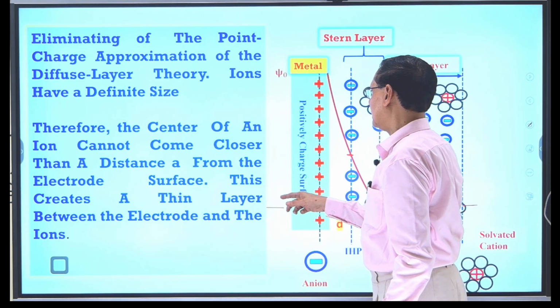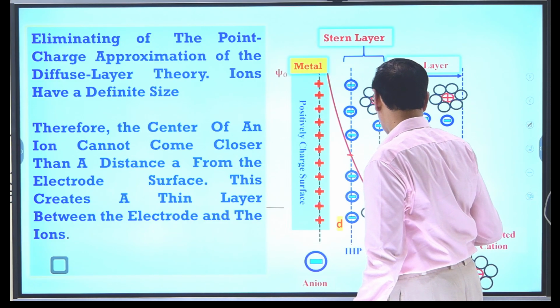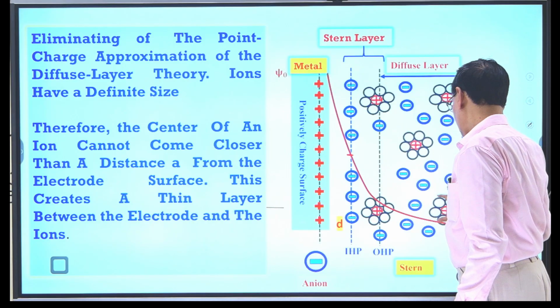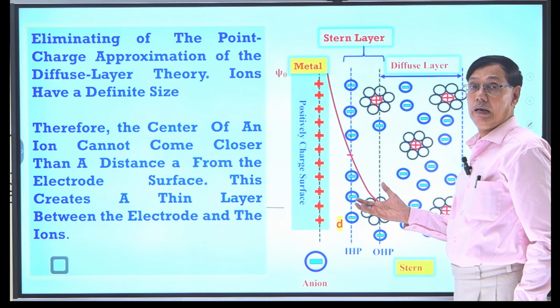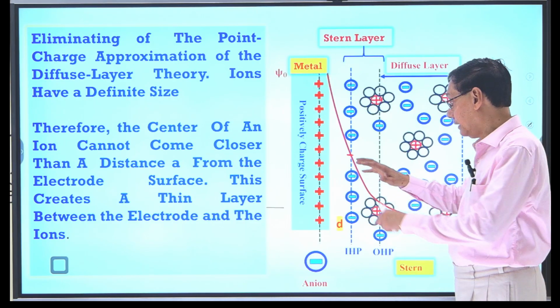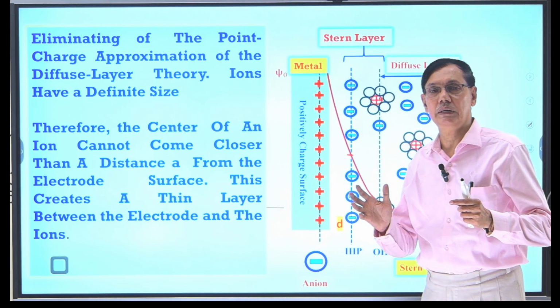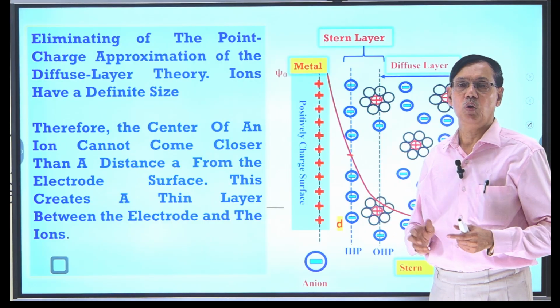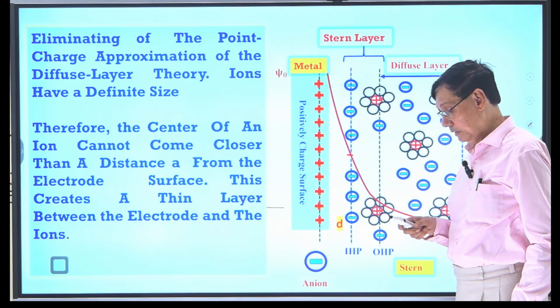And this creates a thin layer between the electrodes and the ions. And of course, this depends upon the low concentration as well as the high concentration. After I derive this, I will discuss the role of low concentration and the role of high concentration of that diffuse layer. That is very important.